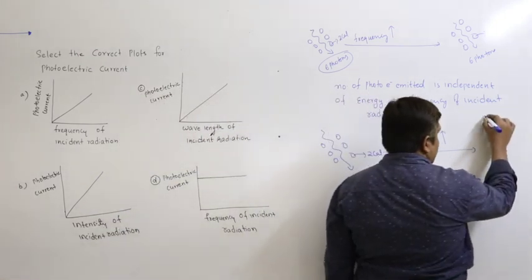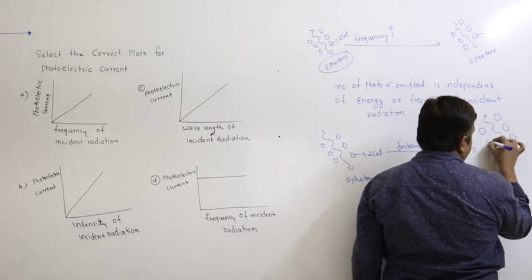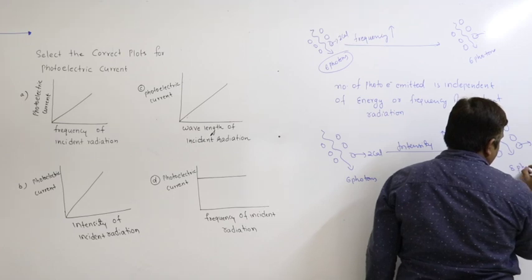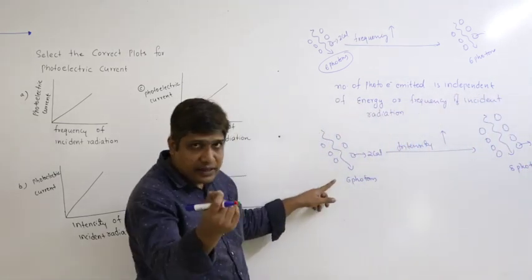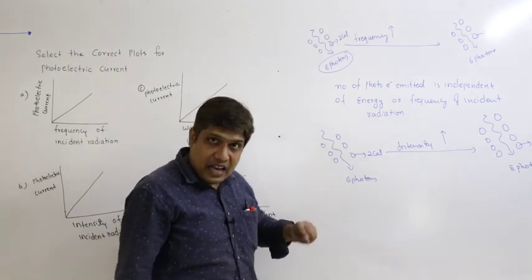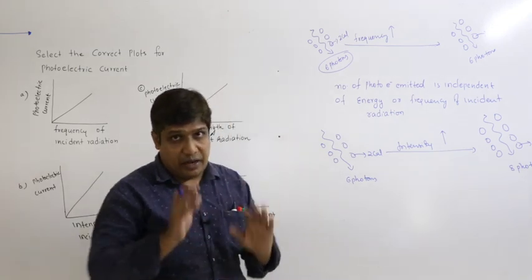The energy of photoelectrons will be the same, but instead of 6 photons, say you got 8 photons. At a given time, 6 photons are falling on the metal. Each electron absorbs 1 photon, therefore 6 electrons are emitted.